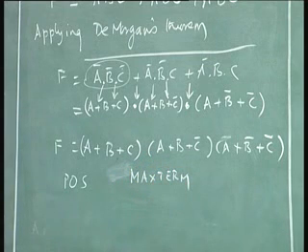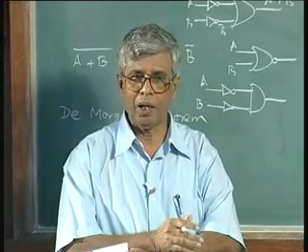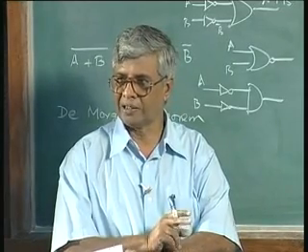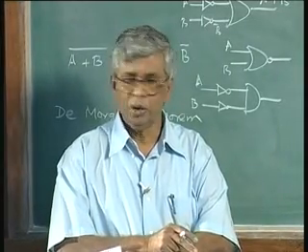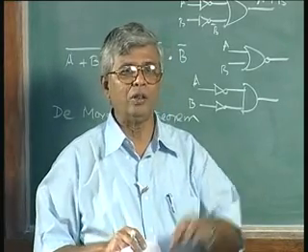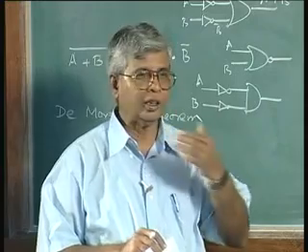Min term, when you look at the ABC type of thing. Max term, when you look at it, is A or B or C. So if you apply the OR operation, it's called a max term. AND operation. So all the 8 terms of the truth table can each be written as a max term.